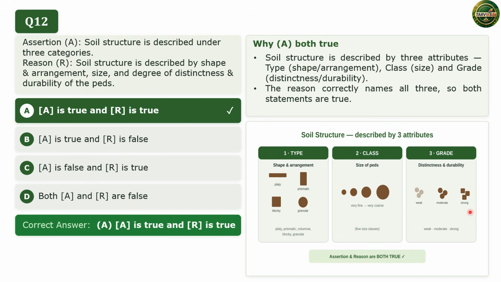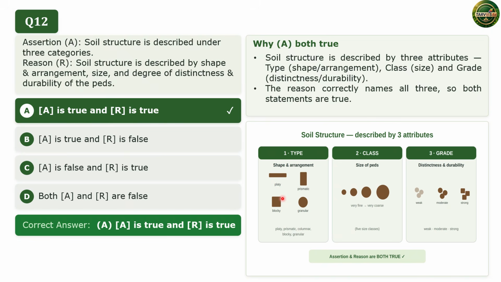To describe the soil structure, we use a sequence going backward, like grade, class, and type. For example, a strong, coarse, granular structure, or a weak, very fine, platy structure.